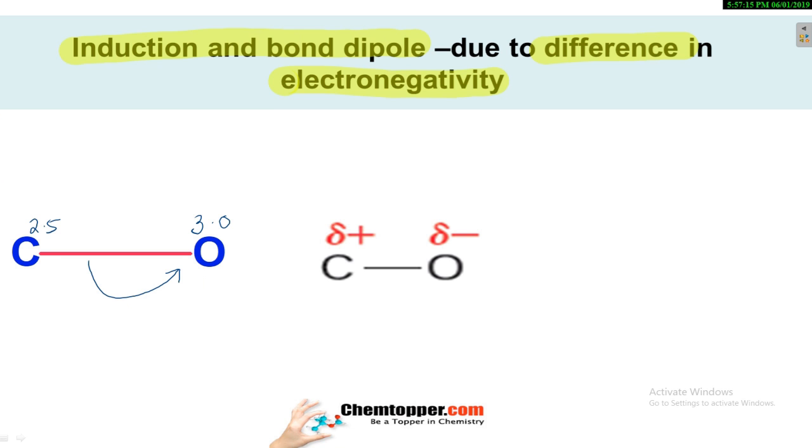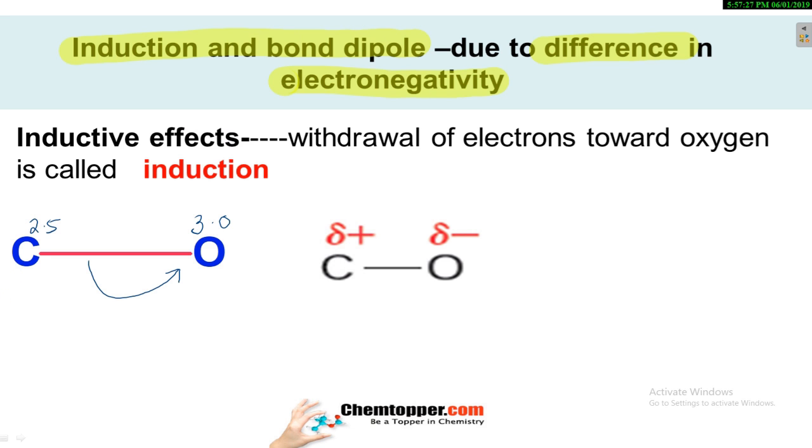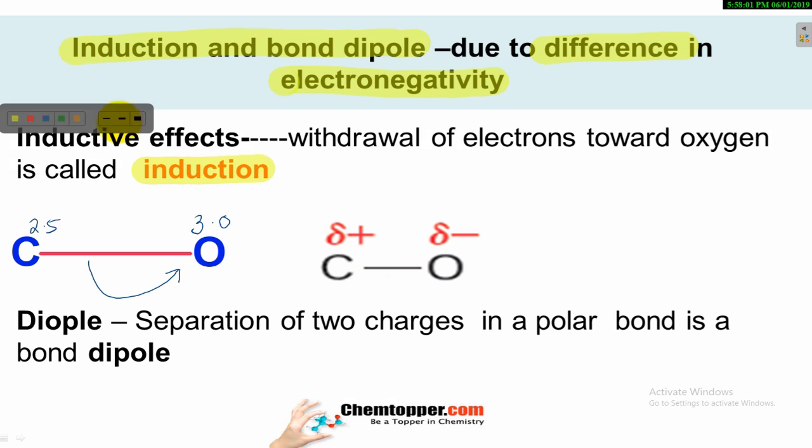Due to this, oxygen will acquire a partial negative charge and carbon will acquire a partial positive charge. This withdrawal of electron density in the direction of oxygen due to the difference in electronegativity is called induction. And the separation of these two charges, plus and minus, is called the bond dipole.